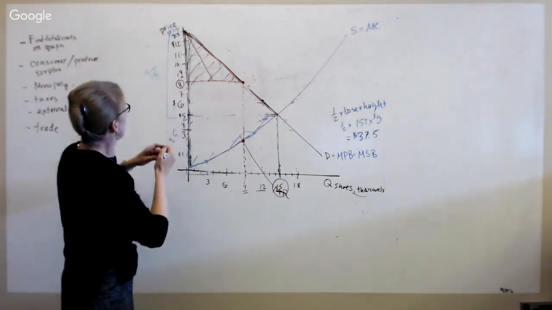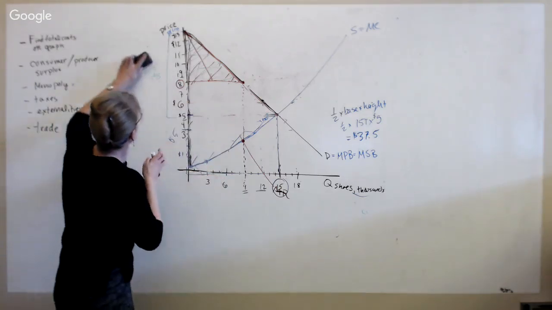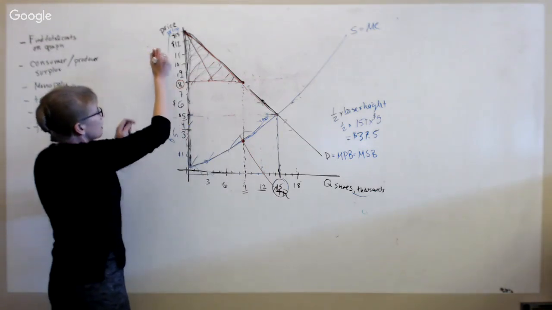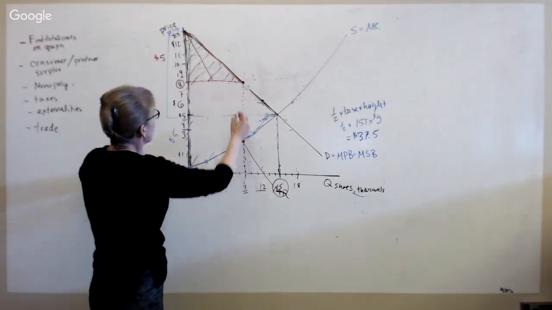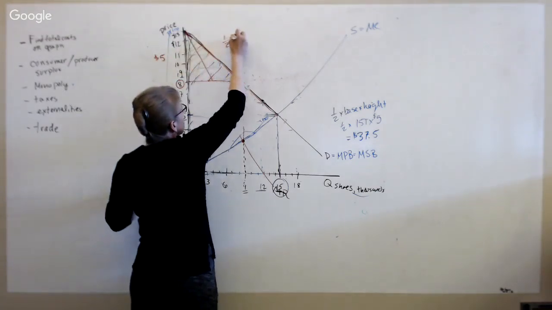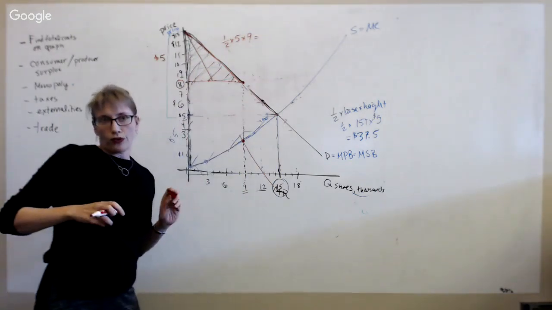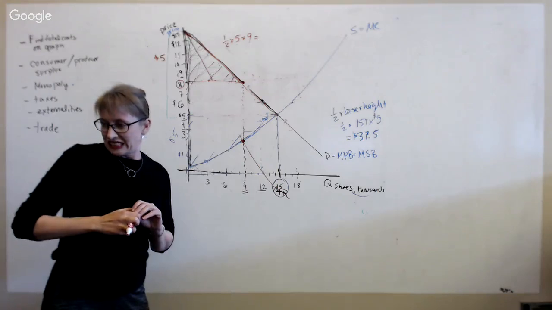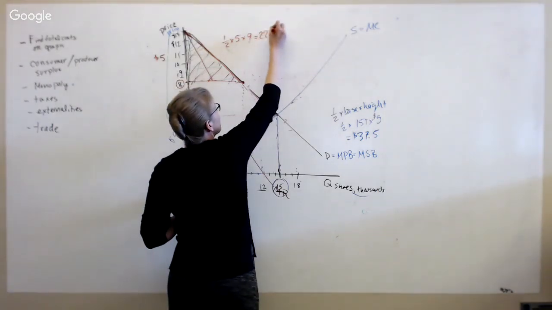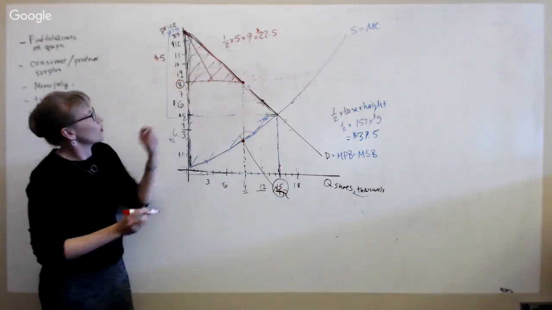We can find our new value, 13 minus 8 is 5. And then our base is 9. Our area of this triangle is 1/2 times 5 times 9. That's 1/2 of 45, 22.5. Thank you, Professor Jose, who's not taking a nap right now, who's helping me out. So there's our consumer surplus.